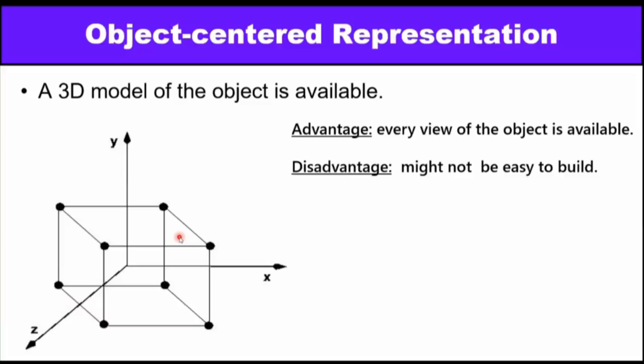When I go for object centered representation, every view is possibly available. So we focus on the object and we capture as many views of that object as we can, because the object is steady and available for capturing. As we discussed, whenever we go for 3D, it will be difficult to build the database.